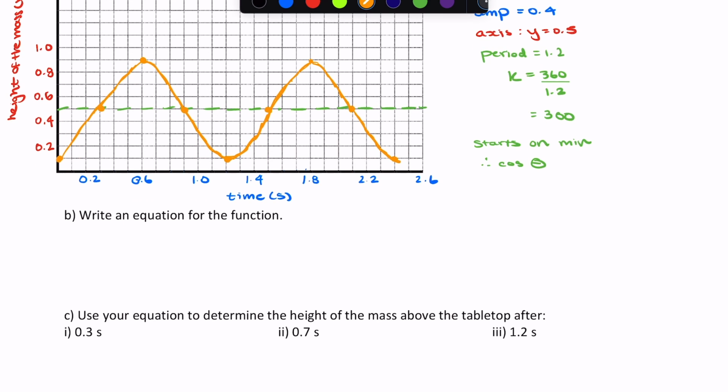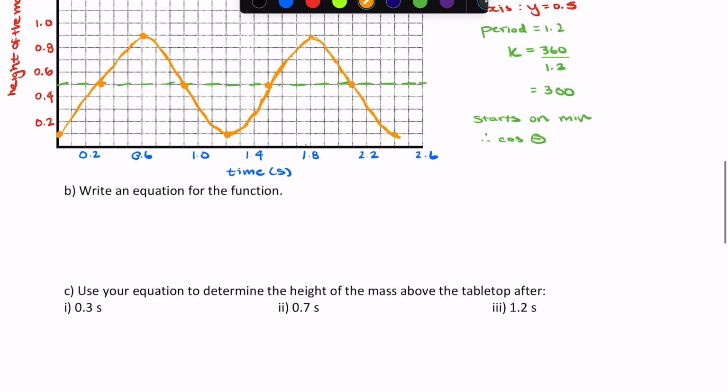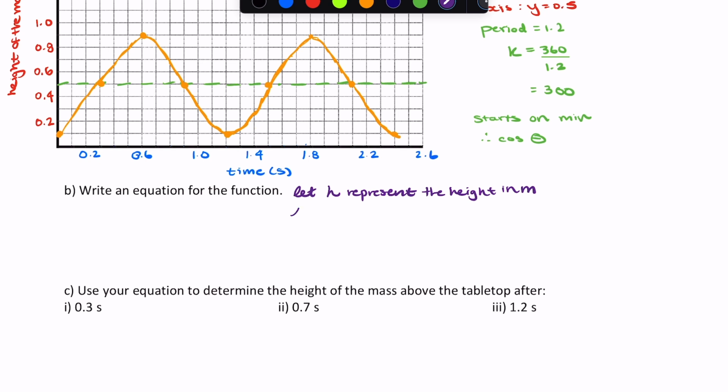Okay, so here it says write an equation for the function. First thing, we'll let h represent the height in meters, and we'll let t represent time in seconds.